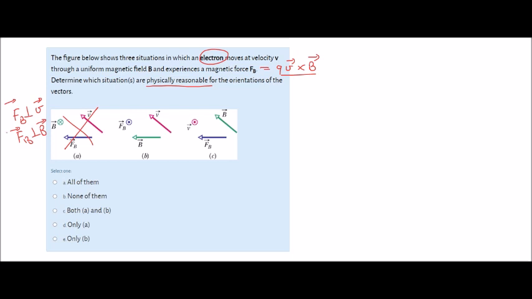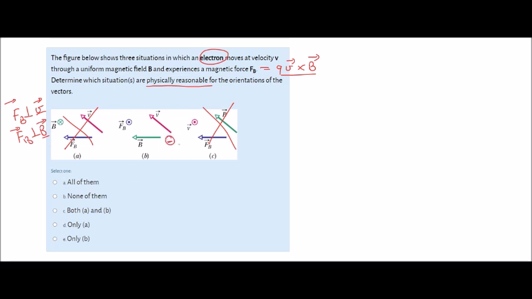The force is perpendicular to both velocity and magnetic field. So this is wrong. FB is not perpendicular to B here, and FB is not perpendicular to B here either. So that's wrong also. Let's see this one. That's reasonable because FB is perpendicular to V and B. Now, an electron is a negative charge.